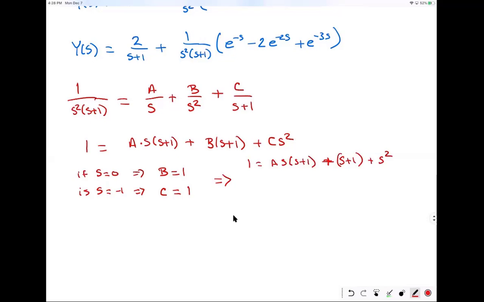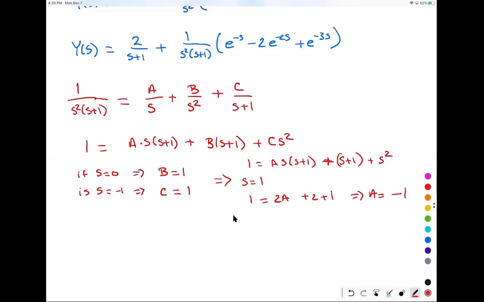And I have to solve for A. So S equals, let's do 1. So that I'd end up with 1 equals 2A plus 2 plus 1. So that means A equals minus 1. Wow. Okay.